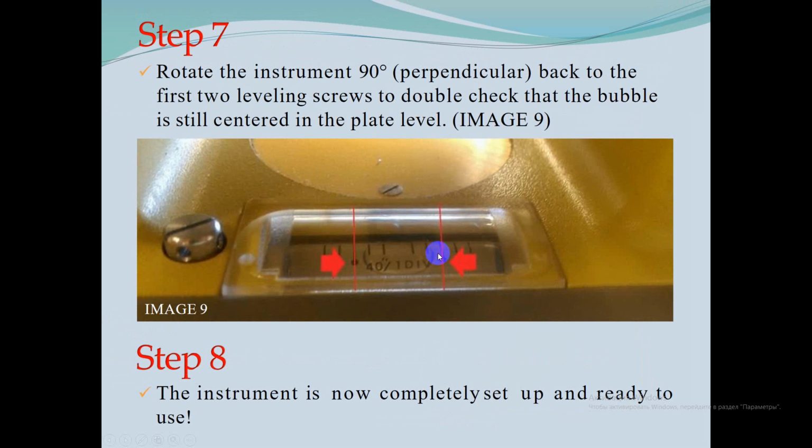Rotate the instrument 90 degrees perpendicular back to the first two leveling screws to double check that the bubble is still centered in the plate level.